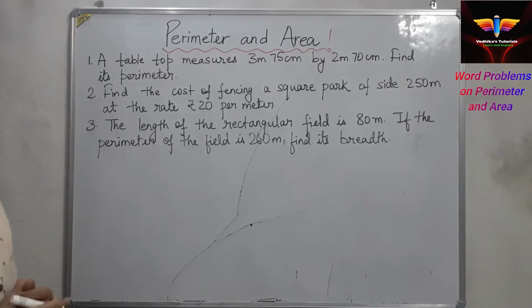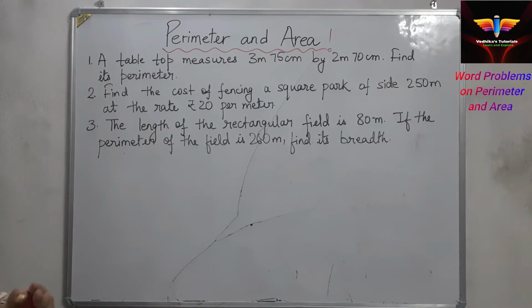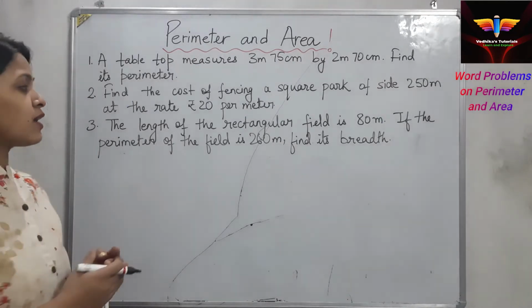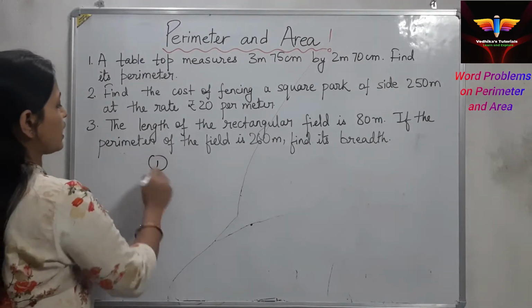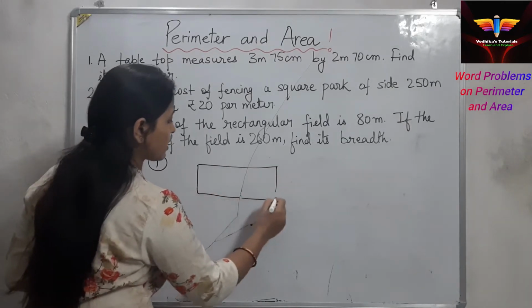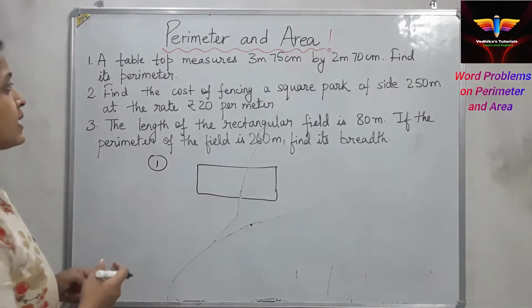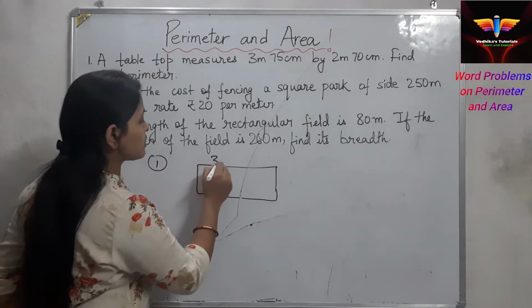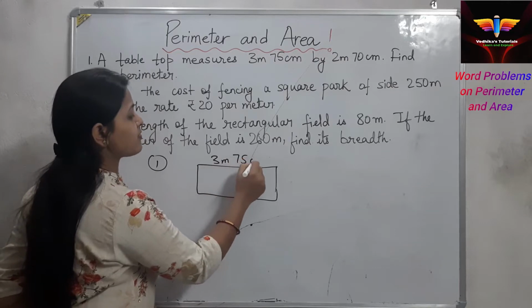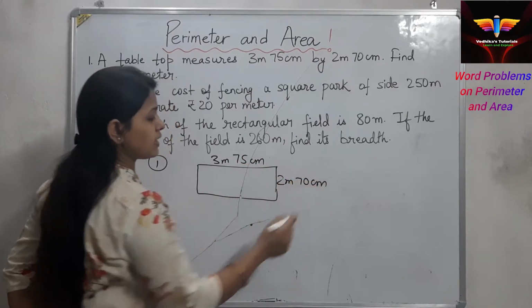So from the first statement we can get that it is talking about a tabletop which is rectangular in shape. What are its measurements? It is 3 meter 75 centimeter by 2 meter 70 centimeter.